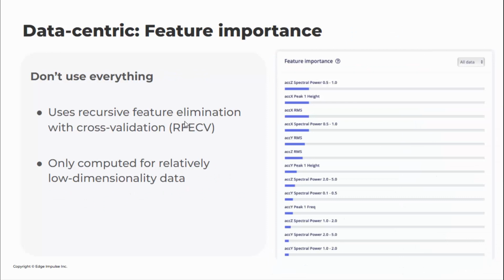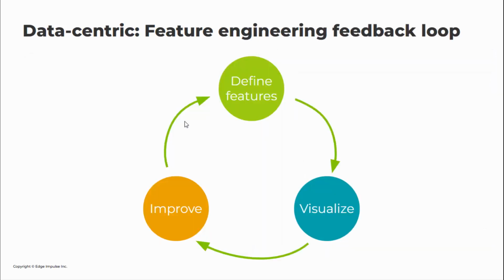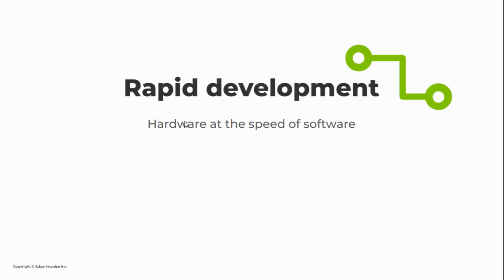We can also measure the importance of individual features, so we can avoid using features we don't need to. So this adds another feedback loop of feature engineering, which is just as important a part of data-centric AI.